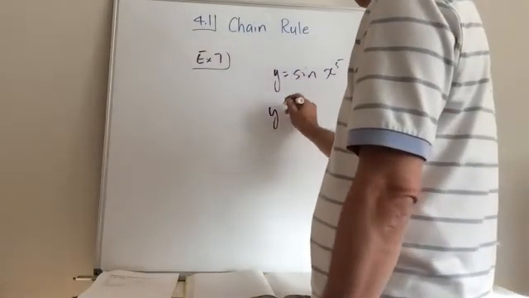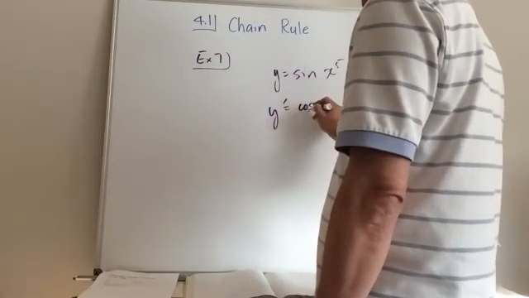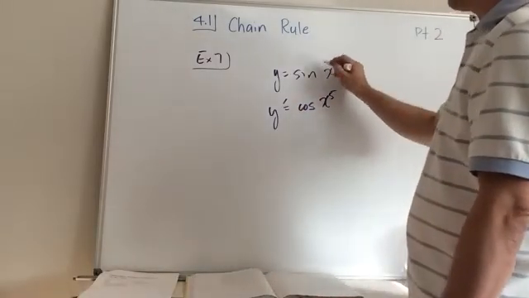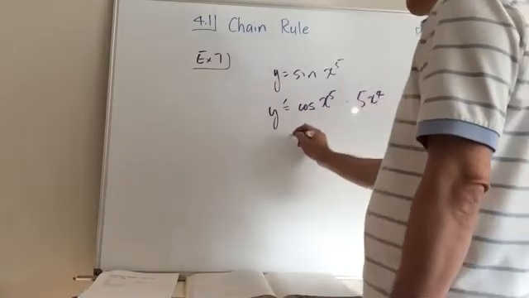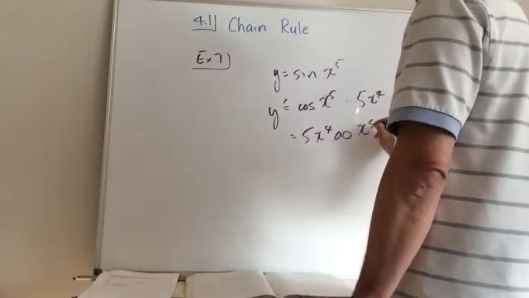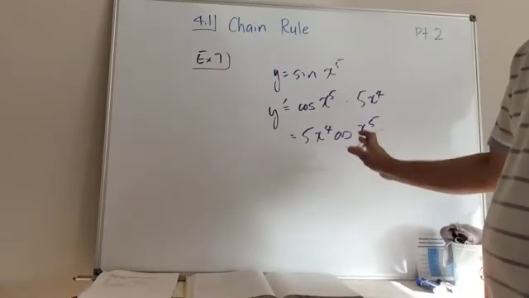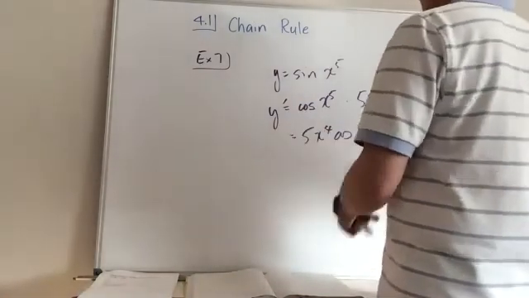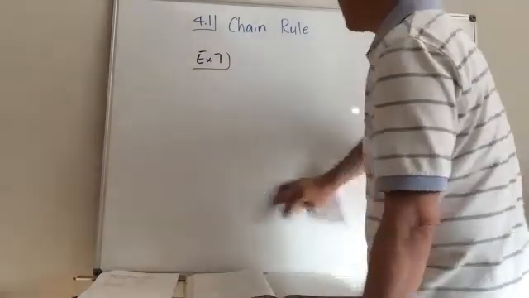If I did y prime here, I take the derivative of sine, so it's cosine x to the 5th, and then I have to do the chain rule, so it's 5x to the 4th. You end up with 5x to the 4th cosine x to the 5th, which is totally different from what we had before. That was just a quick reminder that you have to pay attention to what's actually going on there.